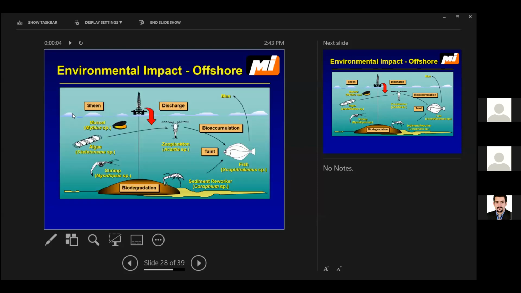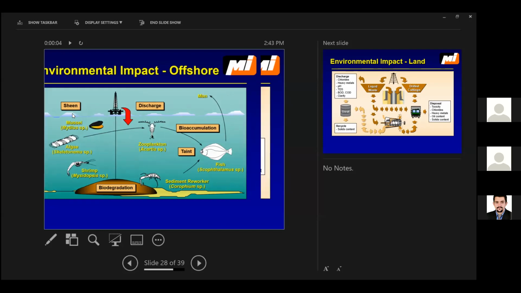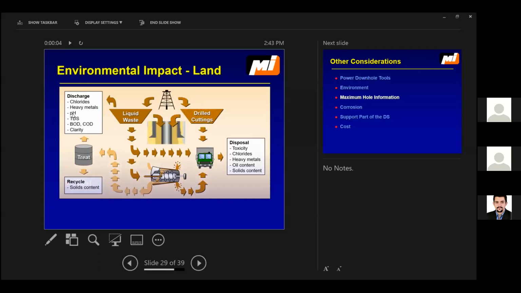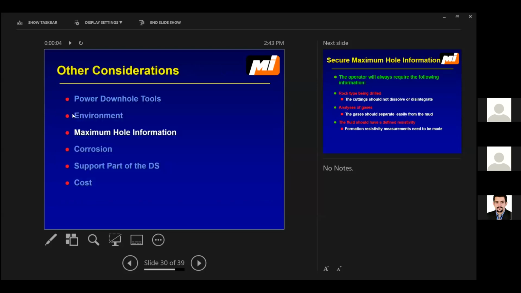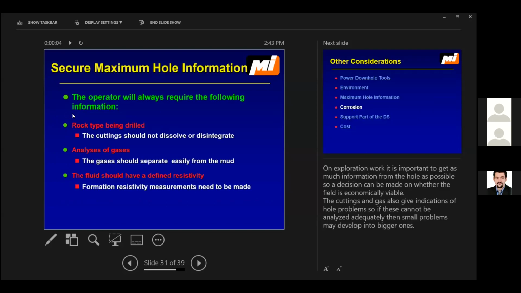How to maximize the whole information? This is drill cuttings, as we have talked about. Maximize the whole information by cleaning the cuttings and preparing the cuttings in the appropriate way.